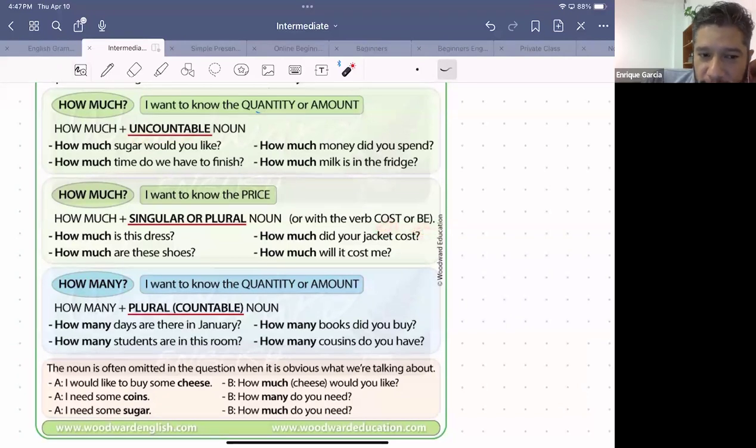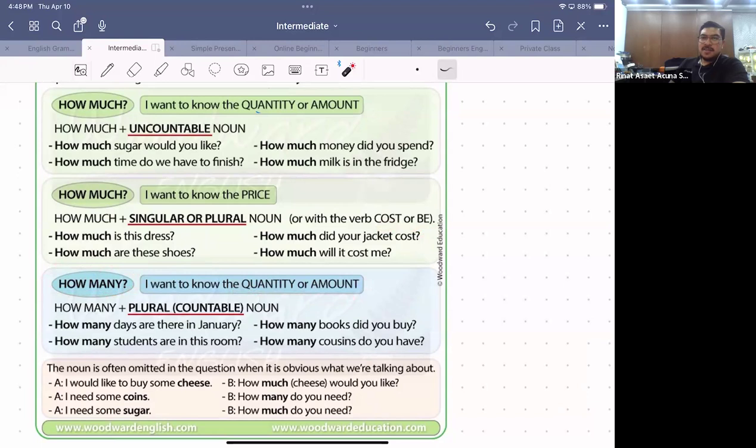Y por último estábamos viendo cuando se utiliza how many, que es para cantidades de forma plural, igual para personas, lugares o cosas.